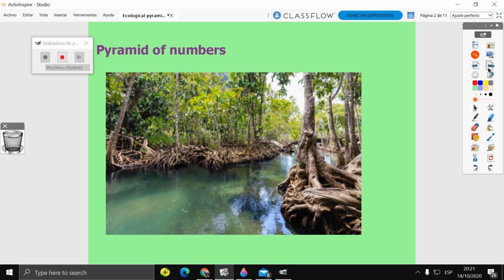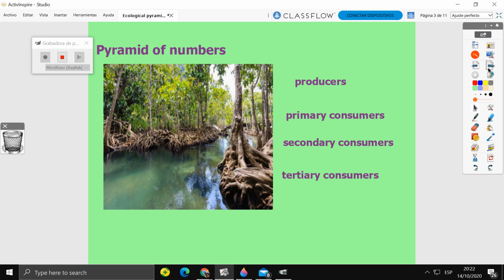First of all, let's suppose that we can isolate a small area of an ecosystem and look in detail at all the organisms in it. The first thing that we can do is to identify the organisms and decide whether they are producers, primary consumers, secondary consumers, tertiary consumers and so on.